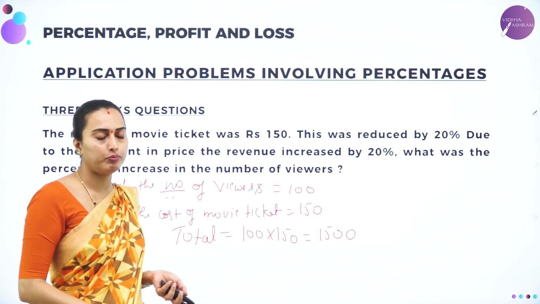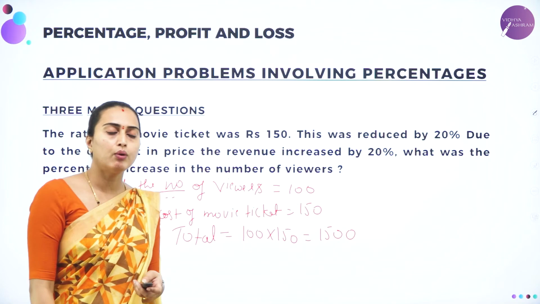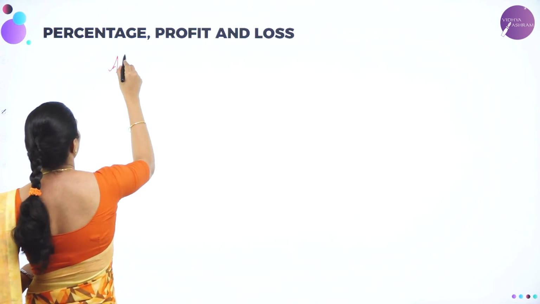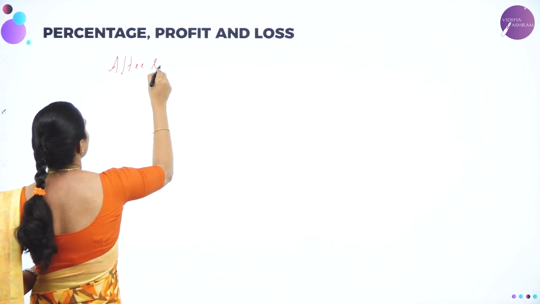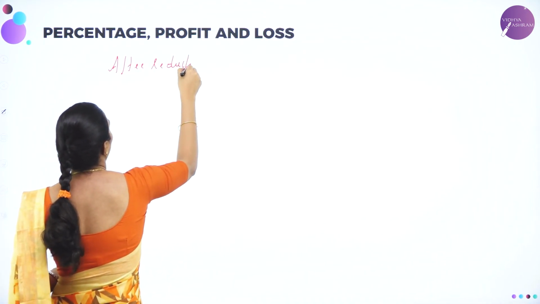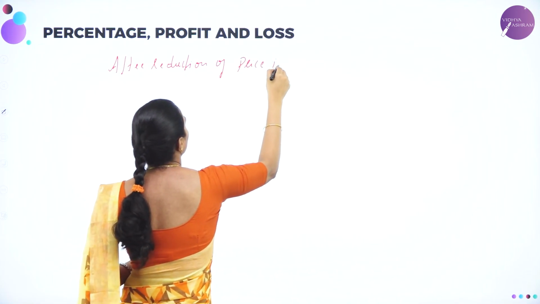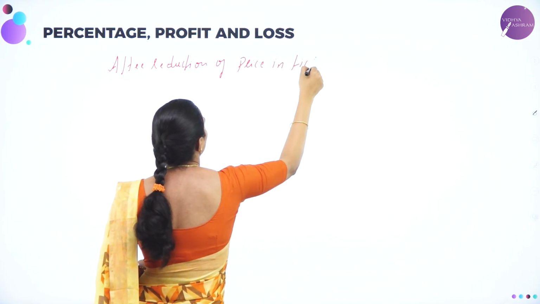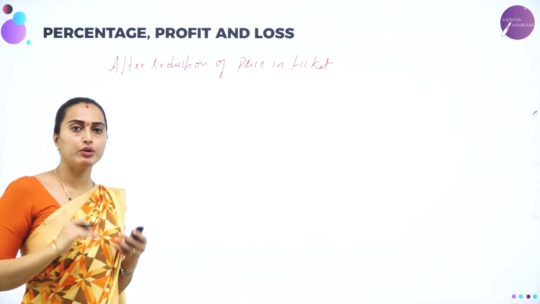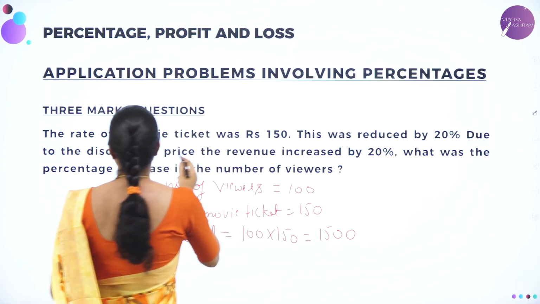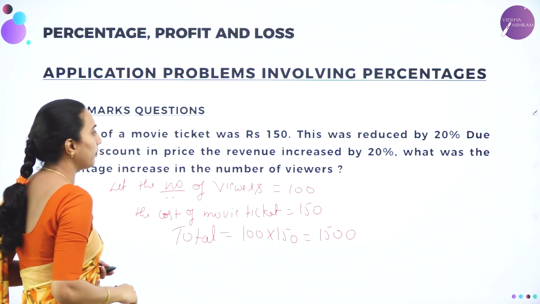Let the new revenue be X, okay? So now, after reduction of the price in the ticket, the discount in the price, the revenue increased by 20.